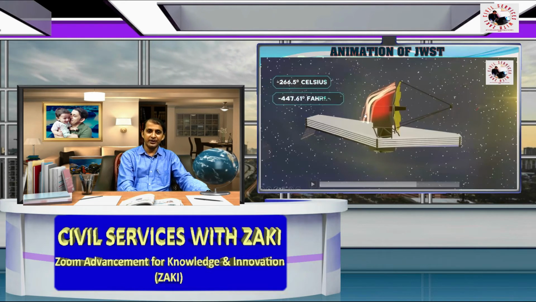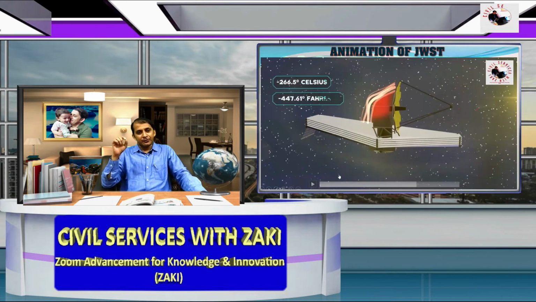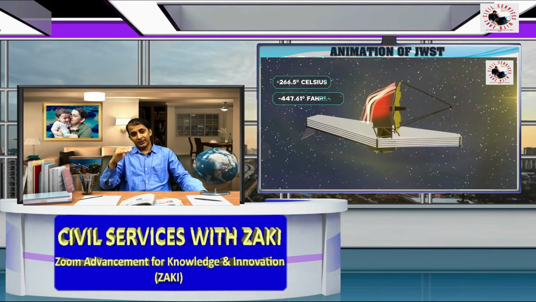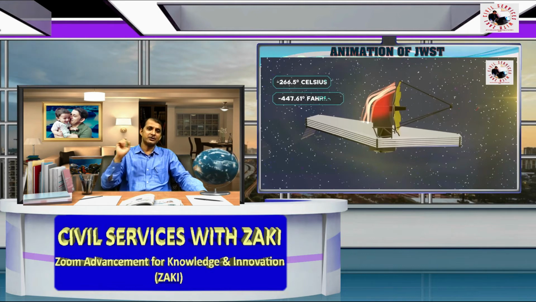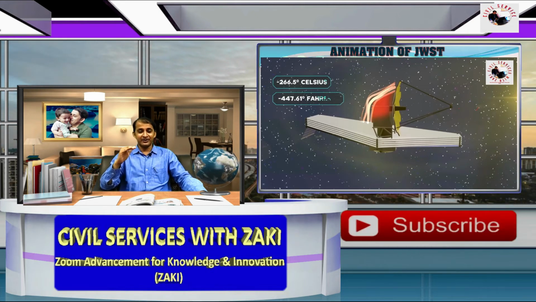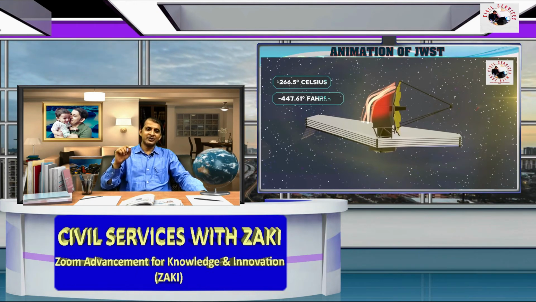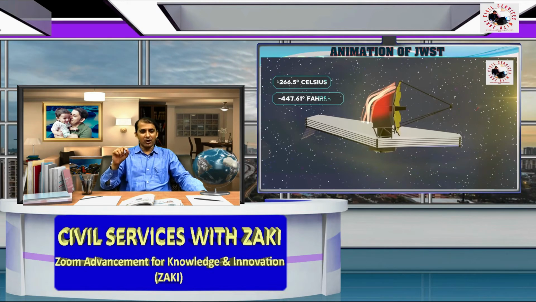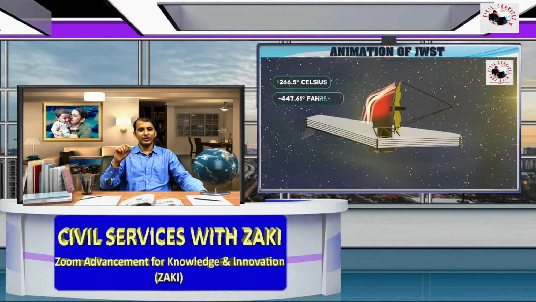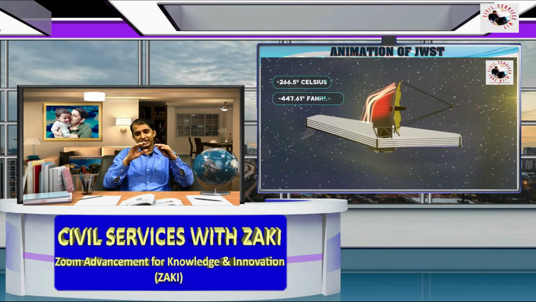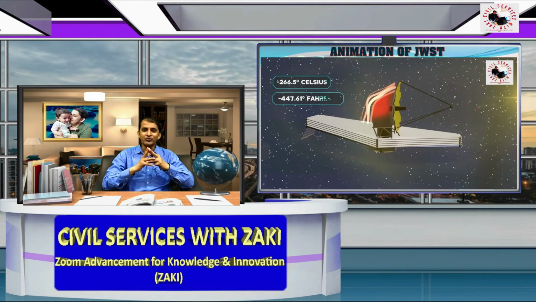It needs about 6.5 Kelvin. Near 0 Kelvin, it is 6 point something Kelvin, which precisely in Celsius is minus 266.5 degrees Celsius, or minus 447.61 degrees Fahrenheit.